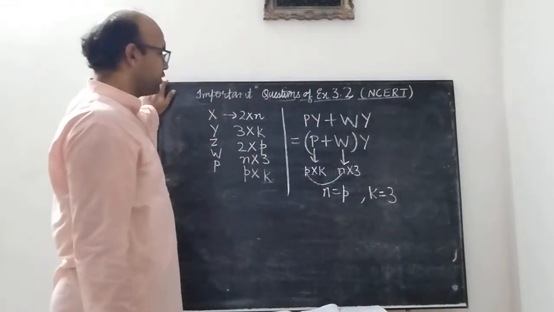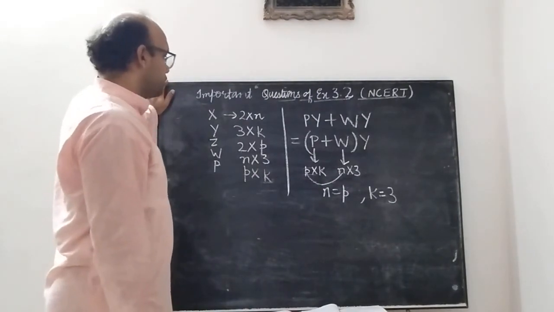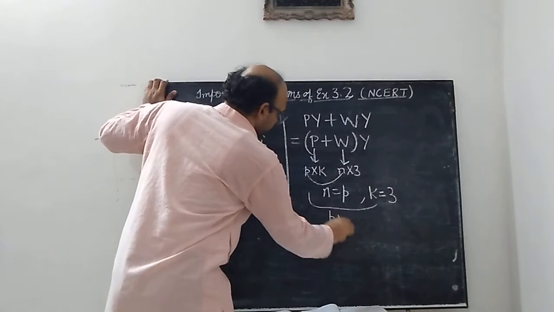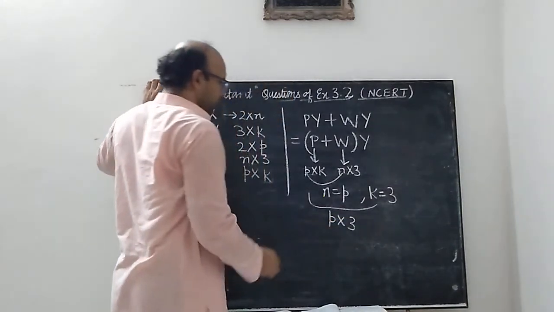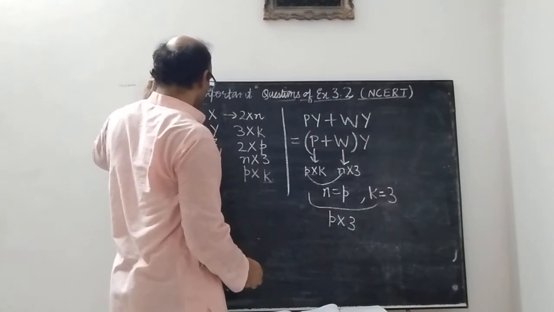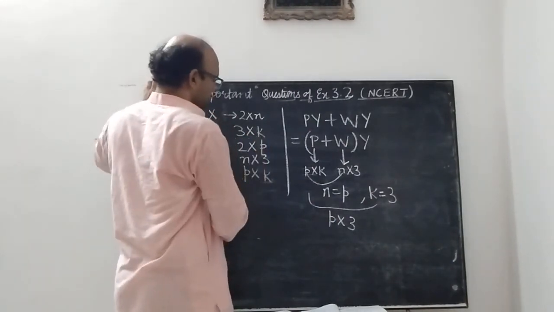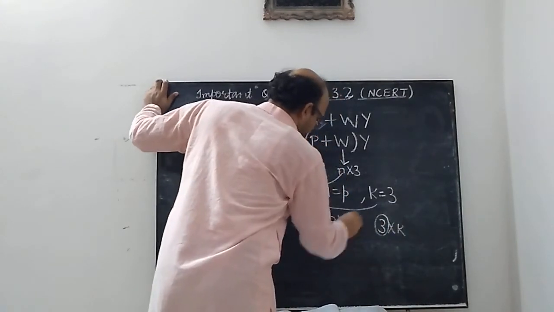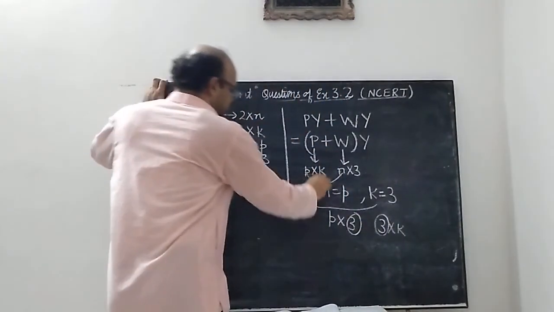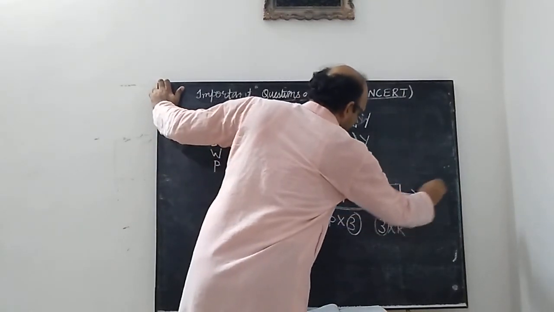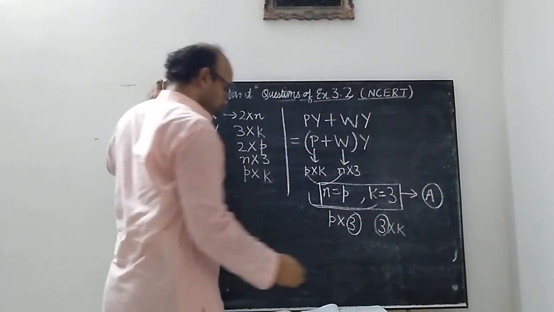So this is the restriction. The resultant matrix will obviously be of the order p cross 3 or n cross 3, and Y is of the order 3 cross k. So obviously the multiplication is defined, and this is the condition, and this is option A. Okay.